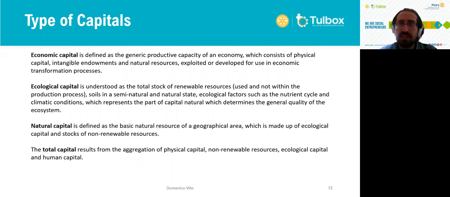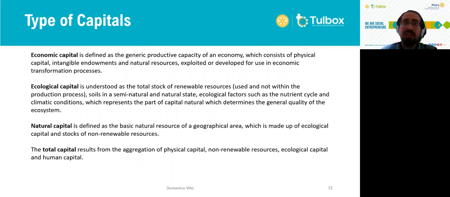But of course, the environment is not only made of the renewable resources and the ecological capital, we have to add also the natural capital. It is the resources that are non-renewable, for example, the minerals and the fossil fuels can also be considered natural capital.